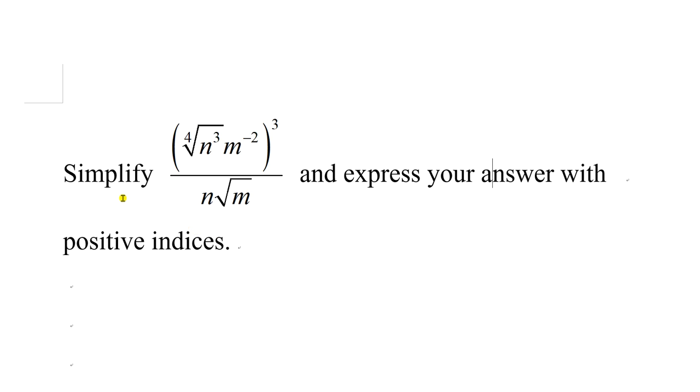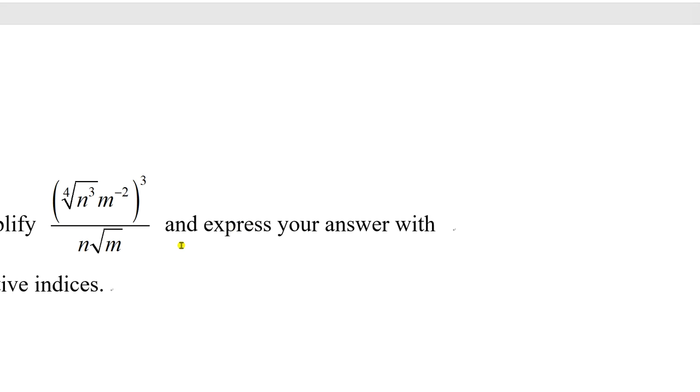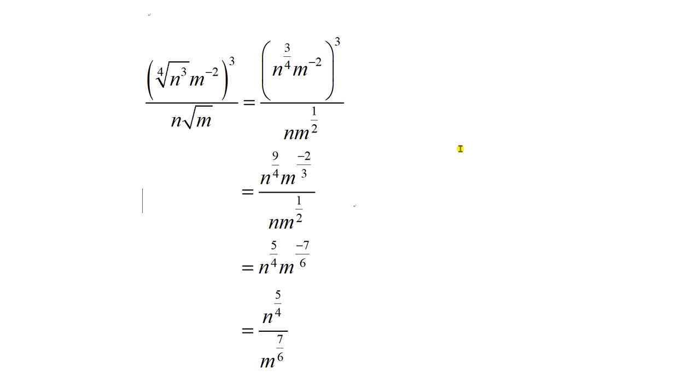Okay, this one, you need to simplify and give your answer with positive indices. So let's see what we can do. As you can see, there's a 4th root and then n cubed.